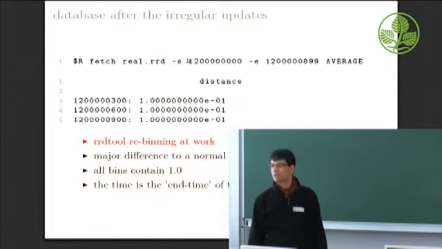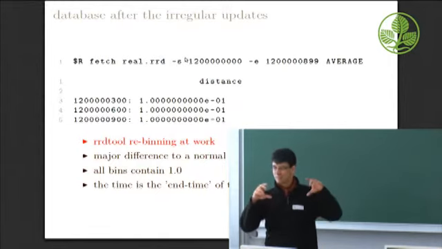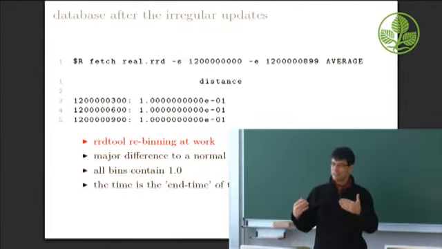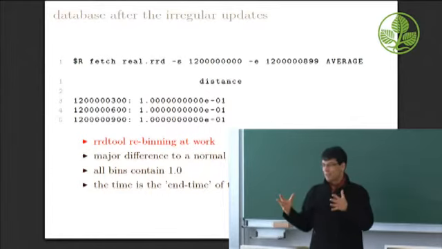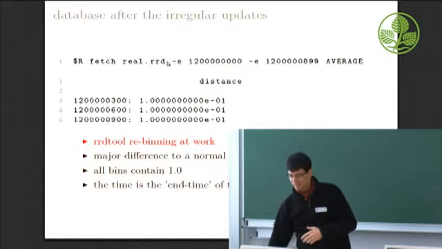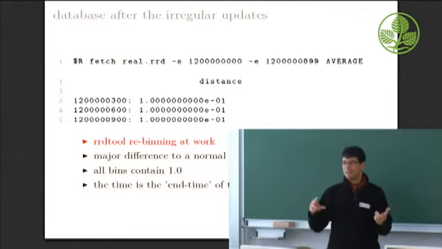You could change the interval, and then it would try to pick data at the different interval from the round-robin archives. But it always gives you data from a round-robin archive which actually covers that range at the best resolution available, higher than the resolution you specified. This makes it resilient.